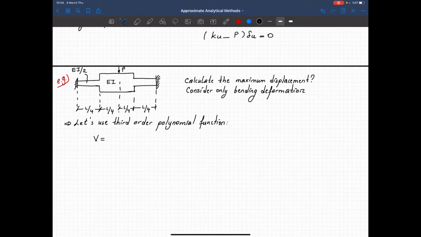So v is equal to a1 times x cubed plus a2 times x squared plus a3 times x plus a4. Okay. Now let's first use the things we know and simplify this equation. Let's use the boundary conditions now.